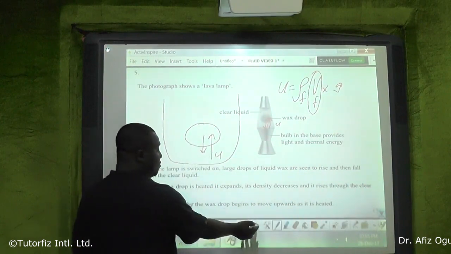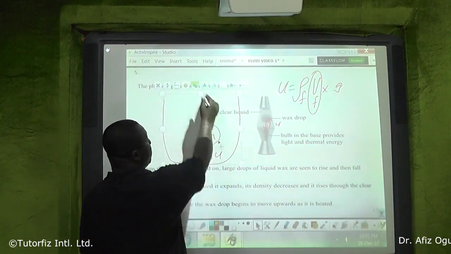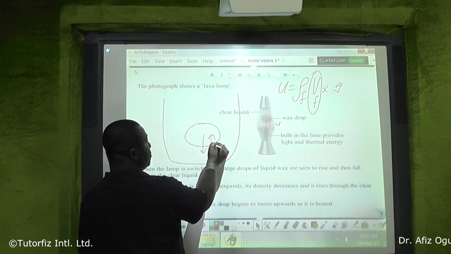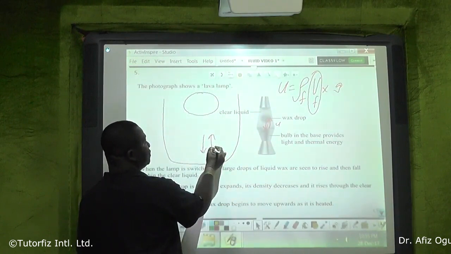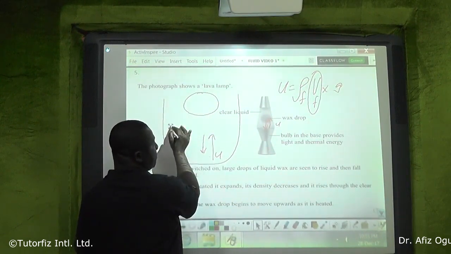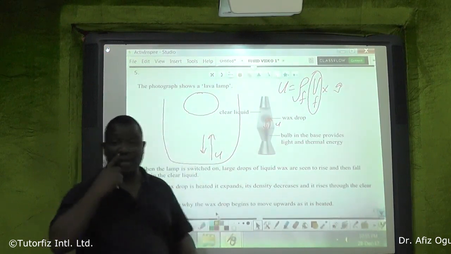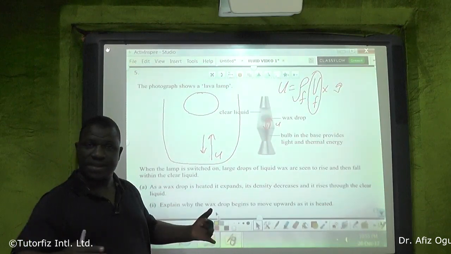So what happens? It moves. The force going up is higher, so it moves up. The up thrust pushing it up is more than the weight now. So that's why it floats. Again, it expanded.